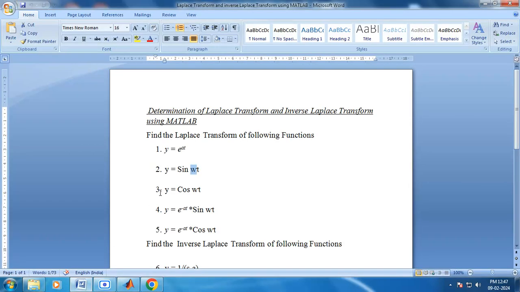Our next example is y equal to cos omega t. Similarly, here also we have the variables omega and t.